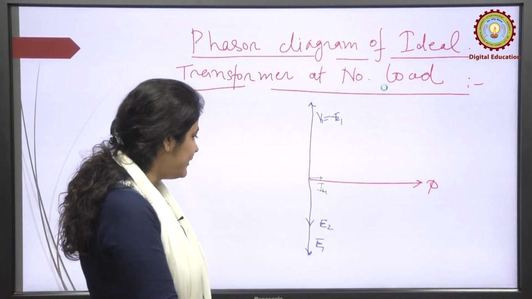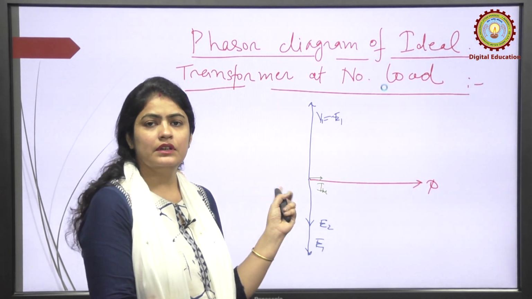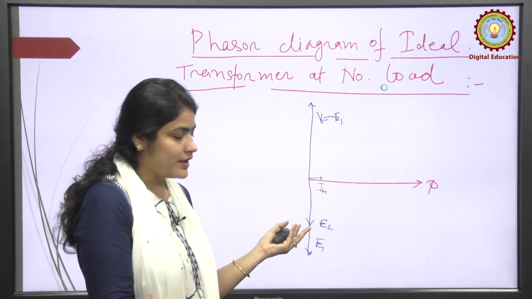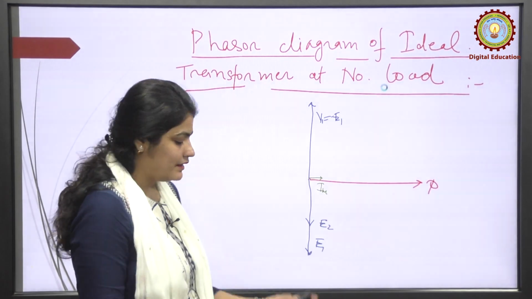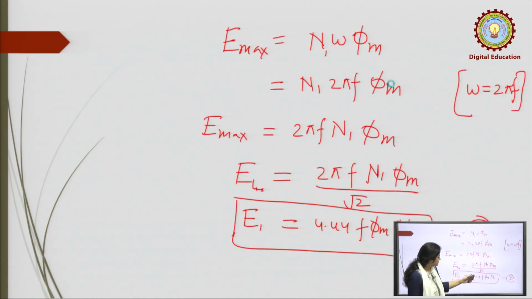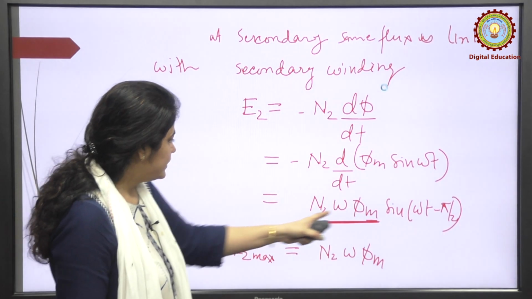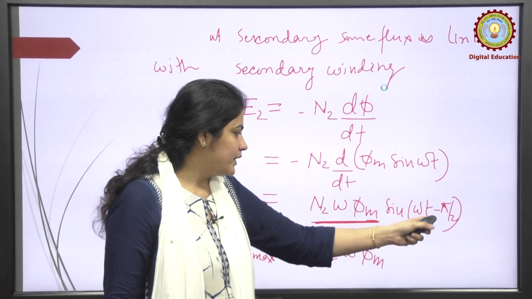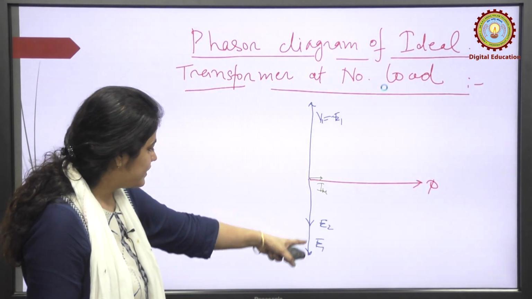And we have already seen that E1 and E2, the voltages produced by transformer action, are always lagging the flux by 90°, as you have seen from this equation. Like sin omega t for the flux, E1 has sin omega t minus pi by 2 and E2 also has sin omega t minus pi by 2. That means E1 and E2 are lagging phi.